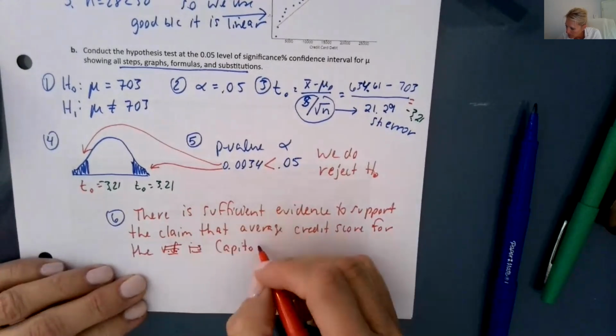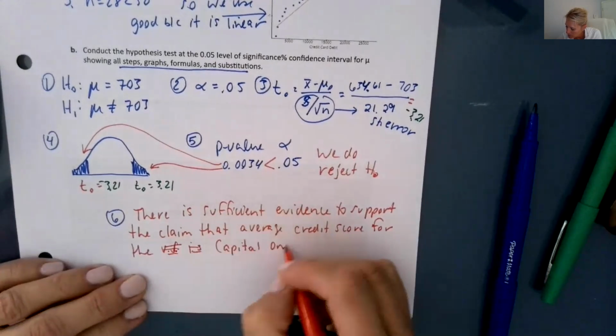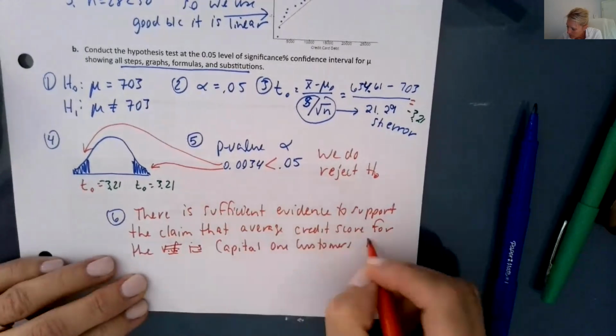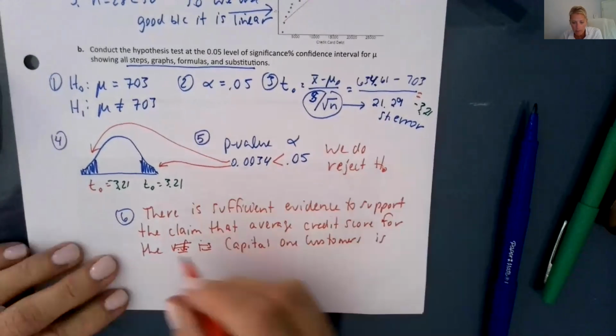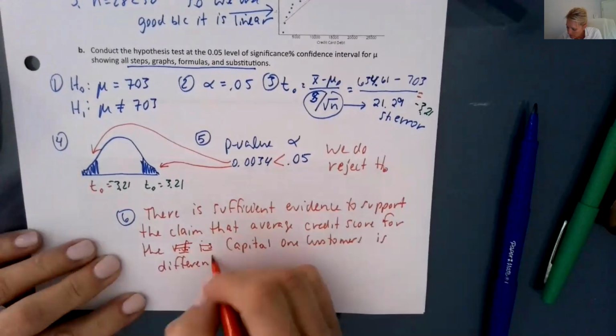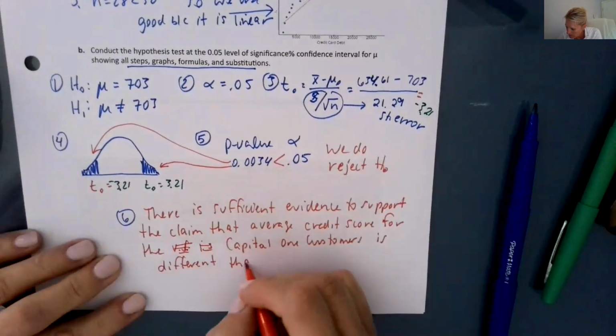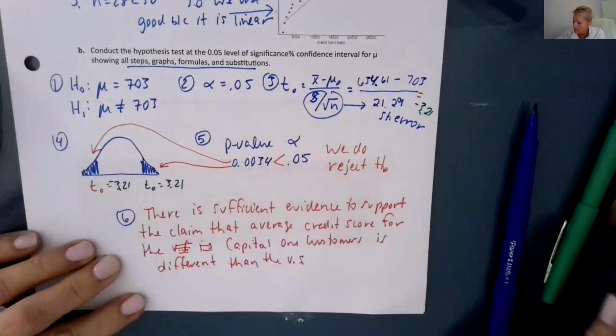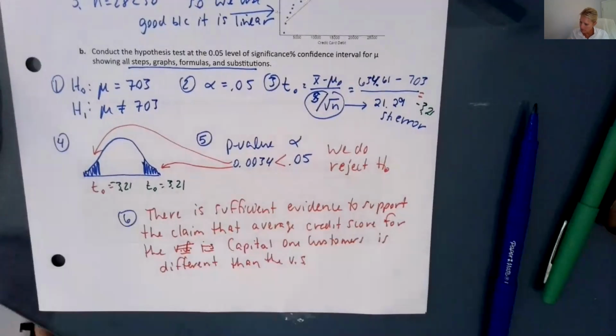Because that was our population, Capital One customers. We didn't say if it was greater than or less than, we just said it's different than the US. That's what we're saying when we say we do reject H0.